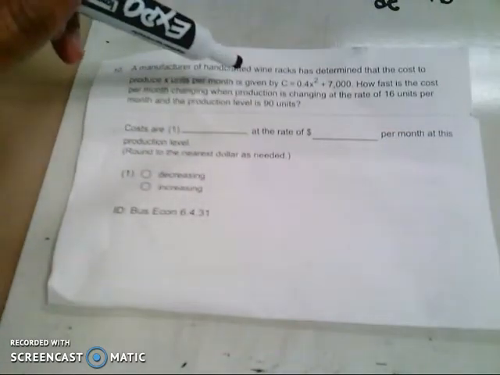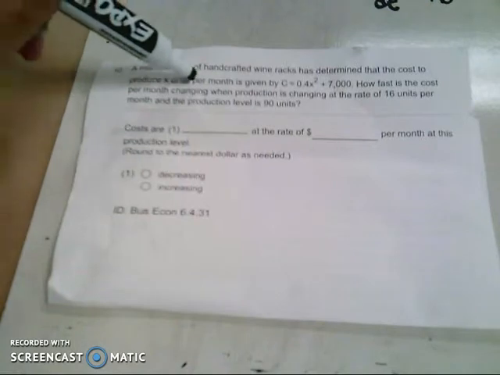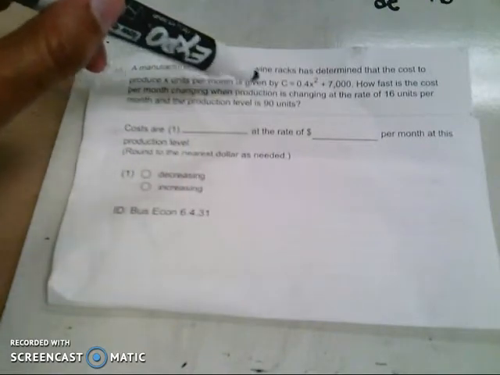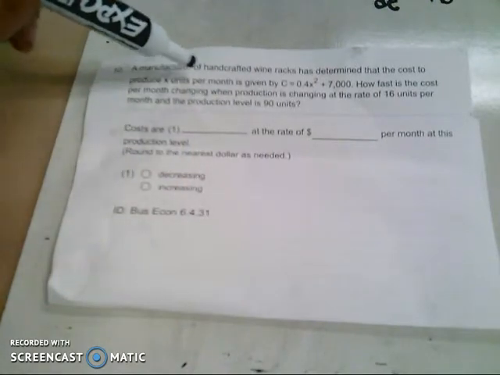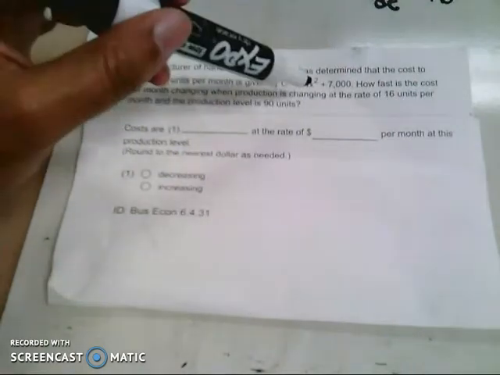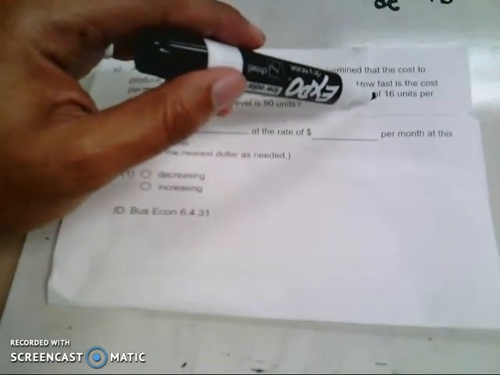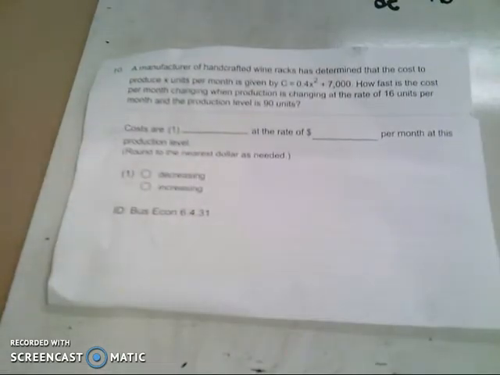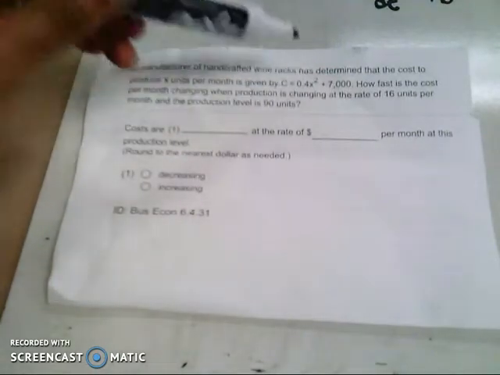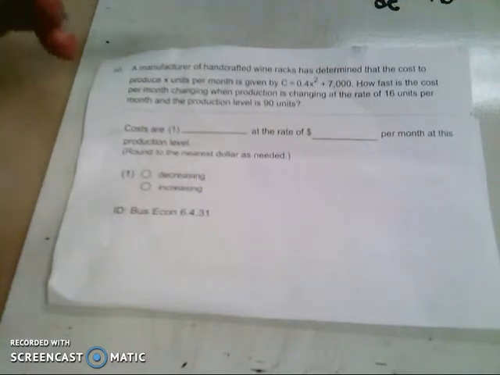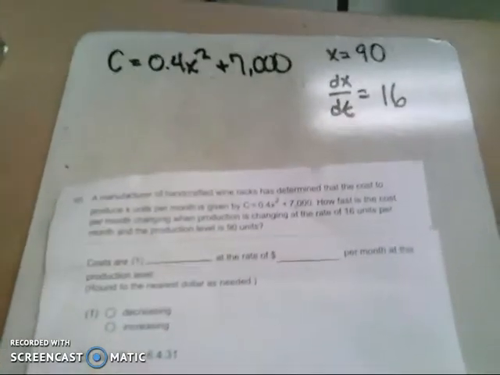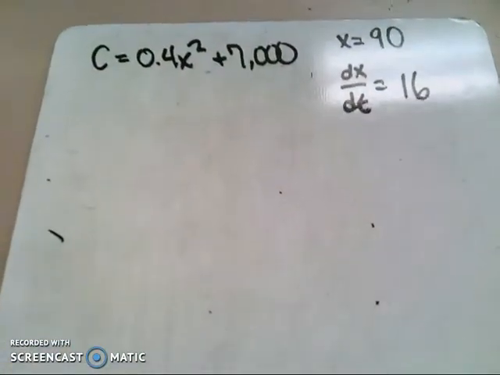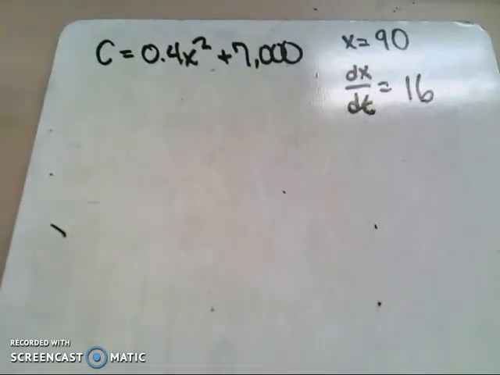So they're telling us that our production level, which is x, is going to be 90 units, and it's telling us that our rate of change, which is dx/dt, is going to be 16. So we need to find the derivative of the cost function to figure out the rate that is changing.